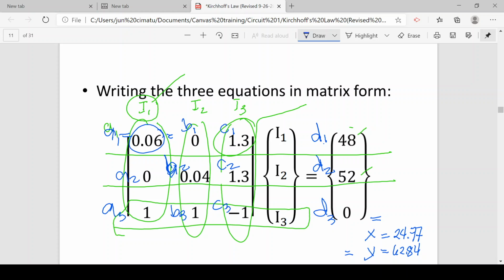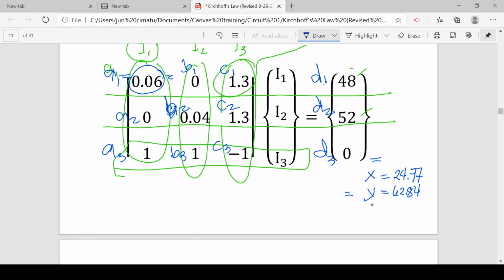Then press equals again, it will give you the value of Z, 38.07. So these are the unknowns, and these are the currents.